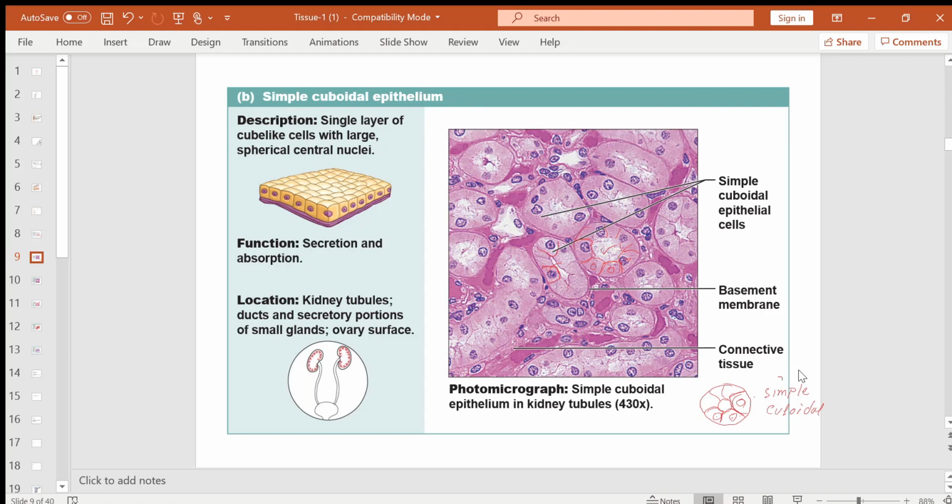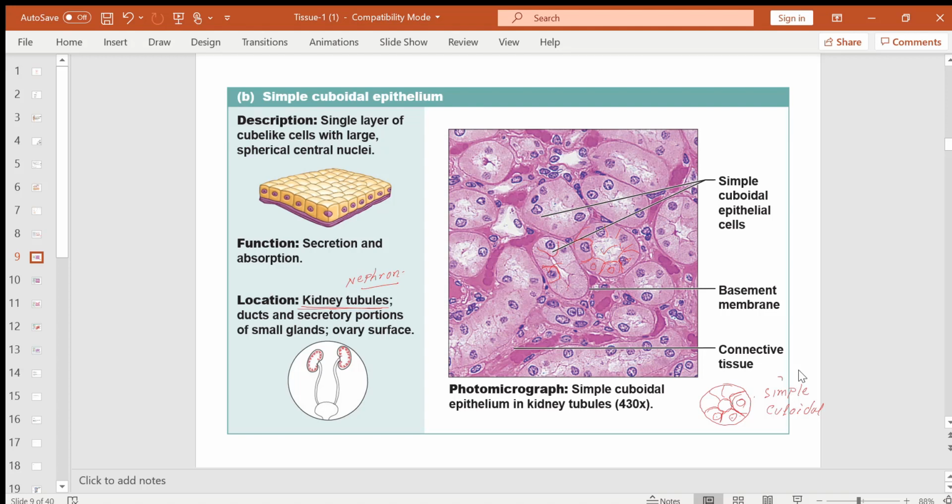You find this in the wall of the tube-like structures inside the kidney called the kidney tubules. Inside the kidney you have many tiny tube-like structures called the kidney tubules or nephrons. In the wall of the nephrons or kidney tubules, you will see simple cuboidal.